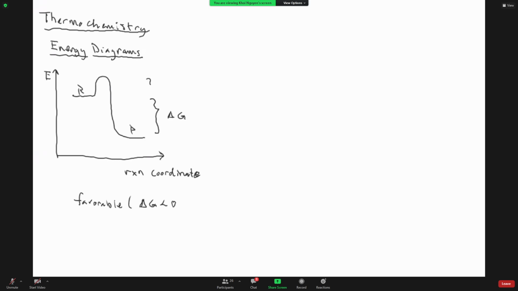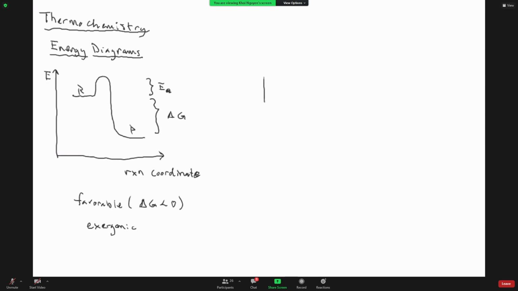And from here to here, this is your activation energy. This type of reaction is an exergonic reaction. You guys think of exothermic, but that only has to do with one type of energy, the heat energy or the enthalpy of a reaction. But exergonic refers to all energy in a reaction.